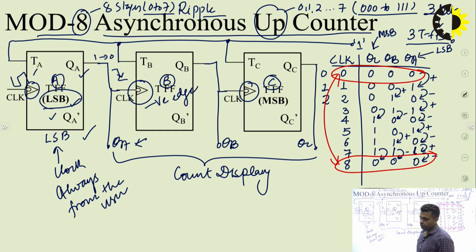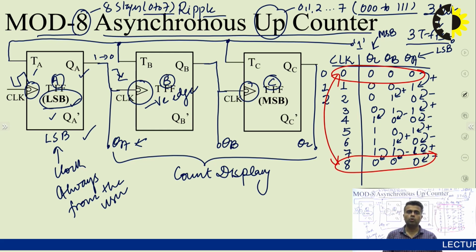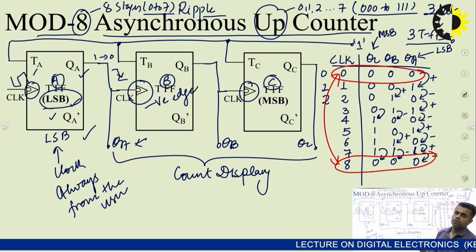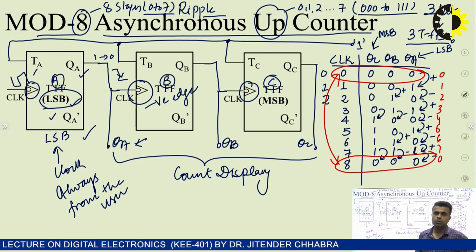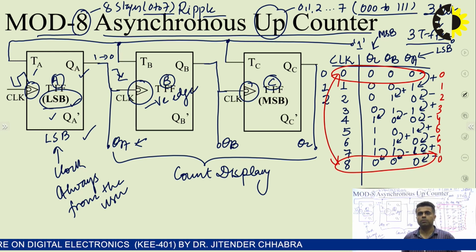That means if I try to apply more pulses in a quest to get the next new state, no further new state can be generated after this 1, 1, 1 state, and it will start repeating from the initial one. So this is 0, 1, 2, 3, 4, 5, 6, 7, and again back to 0. So this is your counting operation in the upward mode.